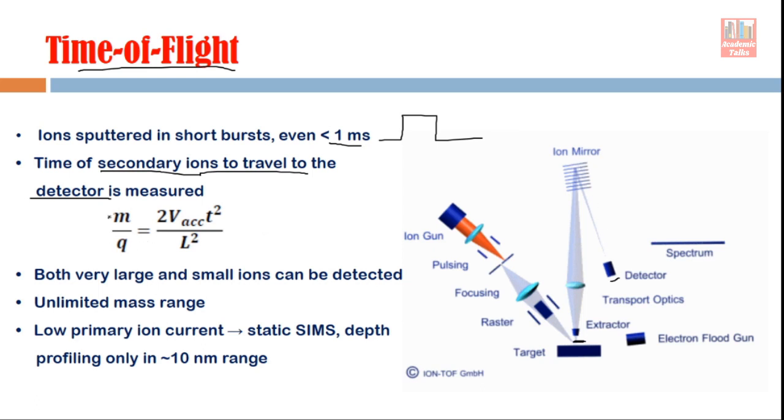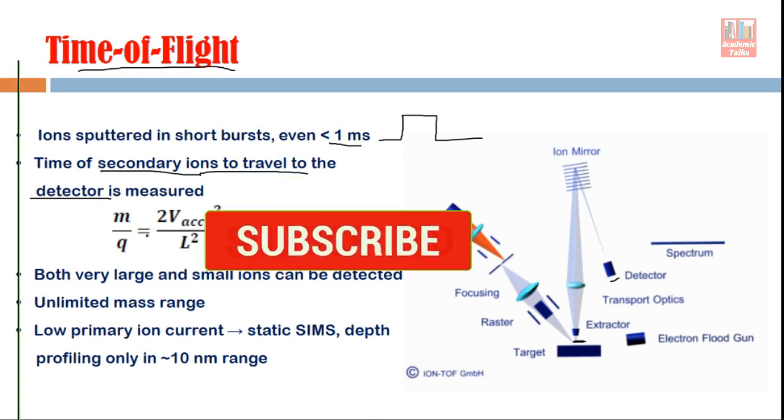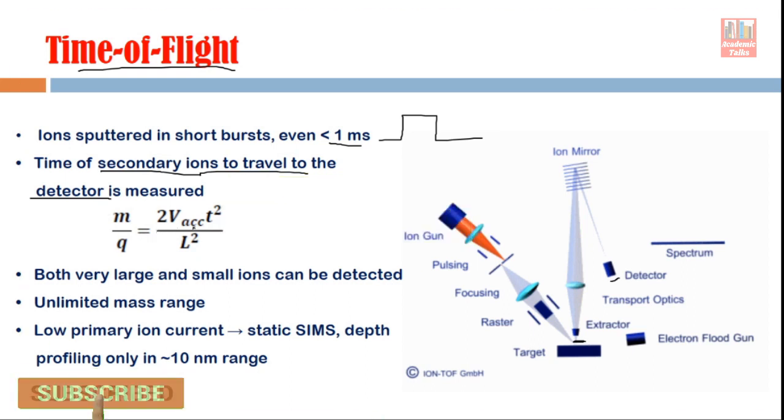So the relationship is given here. The mass to charge ratio depends on this, the accelerating voltage, this is the time of flight, and L is the distance between the sample and the detector. So what we have to do here is just record the time. At one particular moment a pulse of primary ions is generated. That pulse will generate secondary ions.